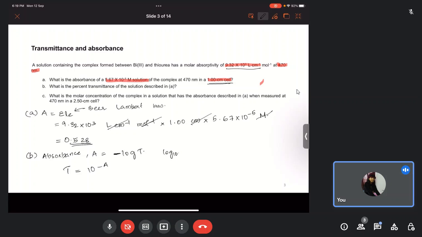So A is 0.528, right? We have found it in the first question.